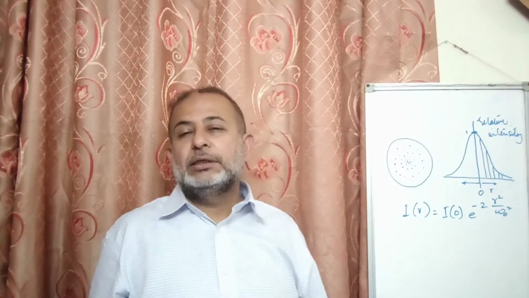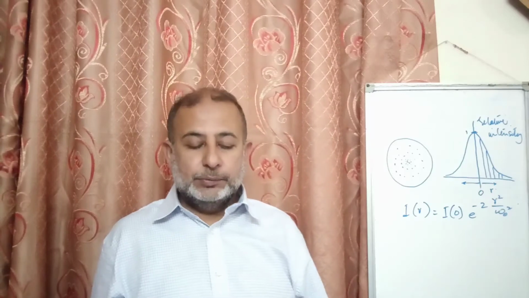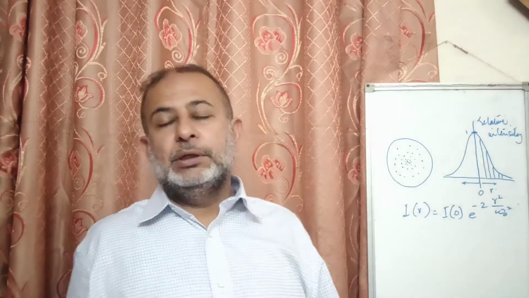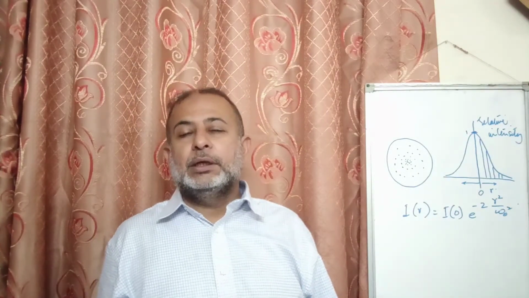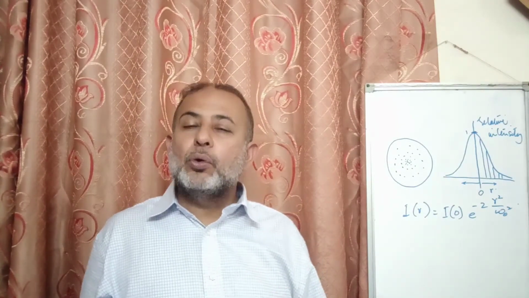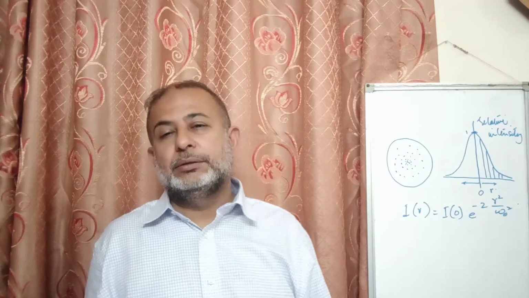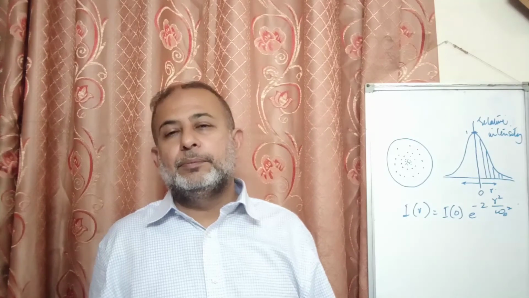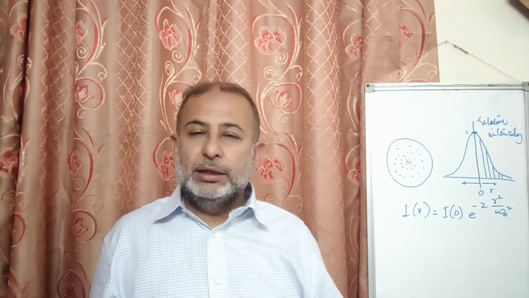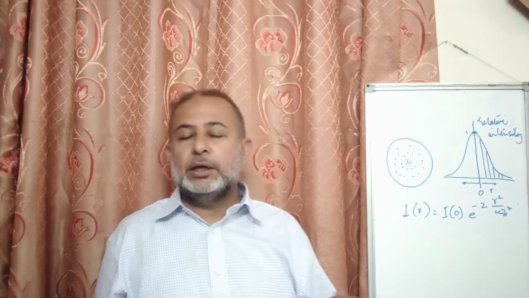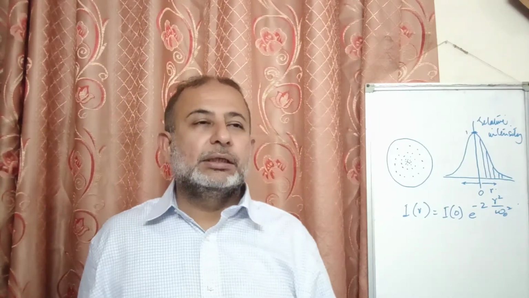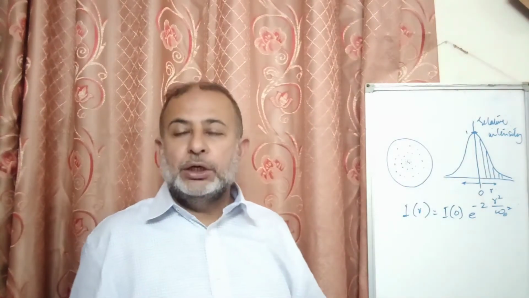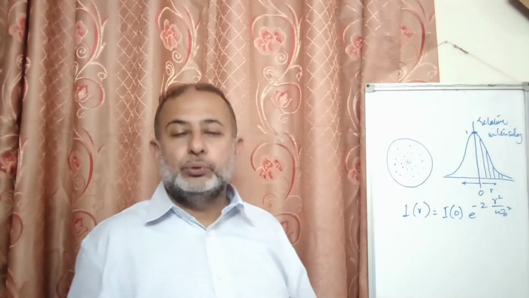Two more things upon which single mode operation or the number of modes depend are the diameter of the core, the refractive index, and also the numerical aperture, which is under root n1 square minus n2 square.